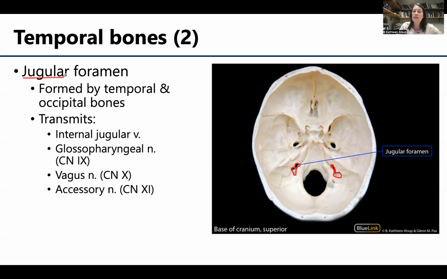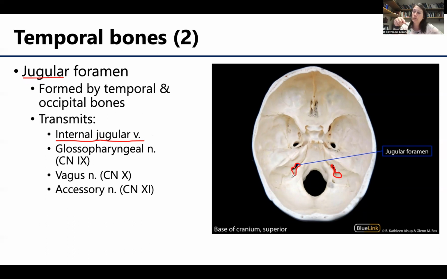And it is called the jugular foramen because at this point, the venous sinuses associated with the brain in that area are going to drain into and be called the internal jugular vein. And that's a really important vein that's going to be located in the neck. It will eventually drain and make its way down to bringing that deoxygenated blood, or mostly deoxygenated blood, back to the heart.